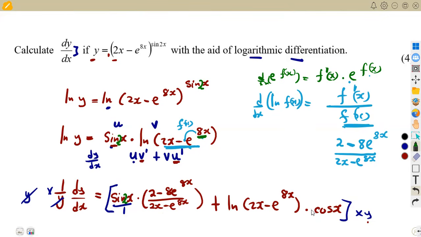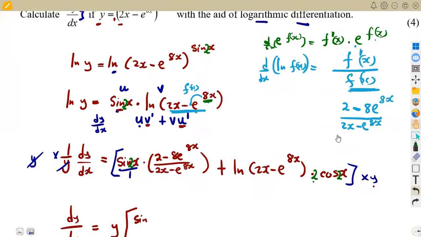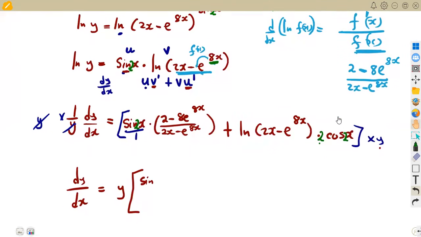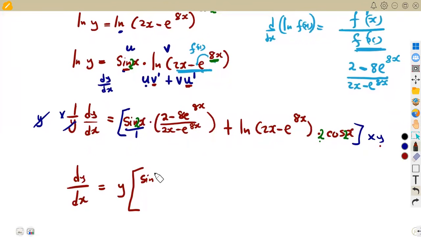This is going to be 2 cos 2x. Remember, if you are given a 2, the 2 multiplies also here. I just hope this is where our 2 was affecting. All right, let's just hope so. So this was going to be sine of 2x times (2 minus 8 e to the exponent of 8x), as it is here.